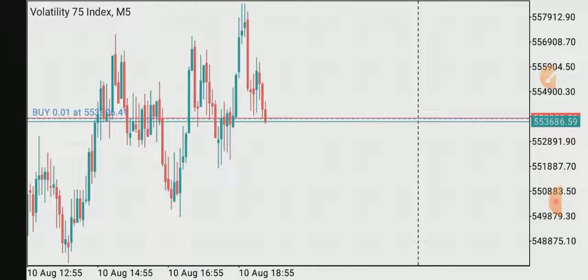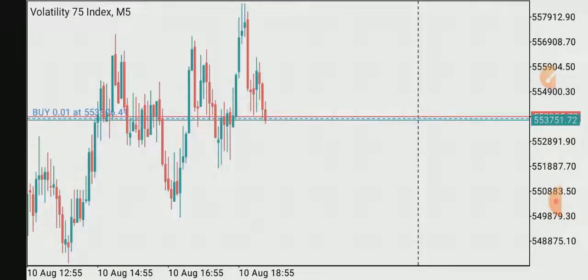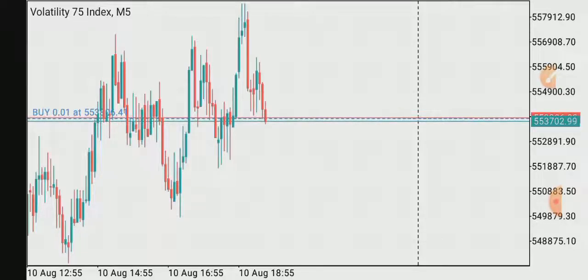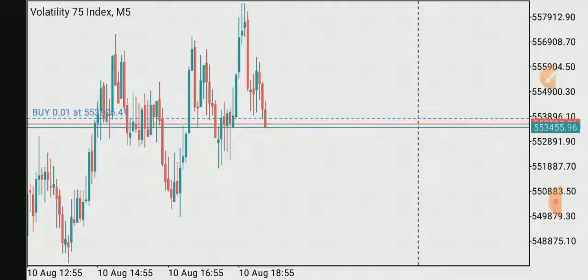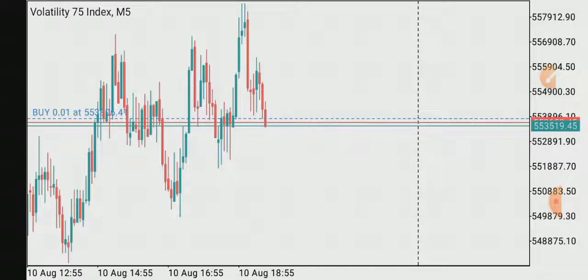Support and resistance is actually a forex term used to describe a price level where the price finds it difficult to break either to the upward side or the downward side. It is a kind of boundary where price finds it difficult to break out from.